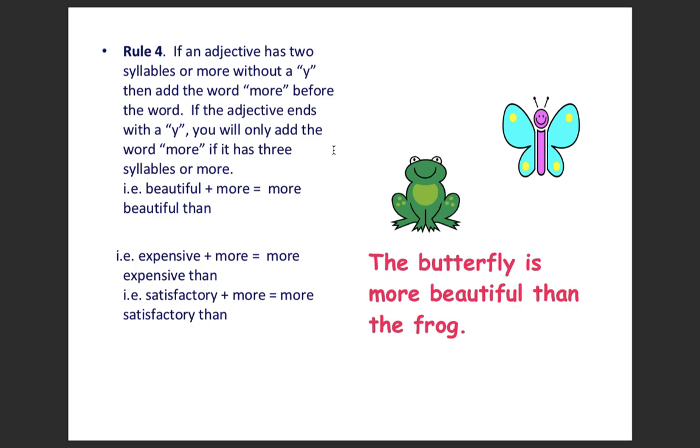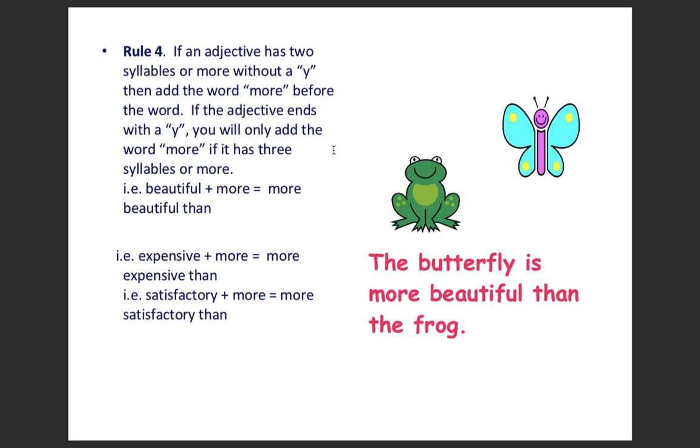So there are two things that you must remember. If the adjective has two or more syllables and does not have a Y, you add more in front. If the adjective has 3 or more syllables and has a Y behind, then you just add the word more. It's the same thing.